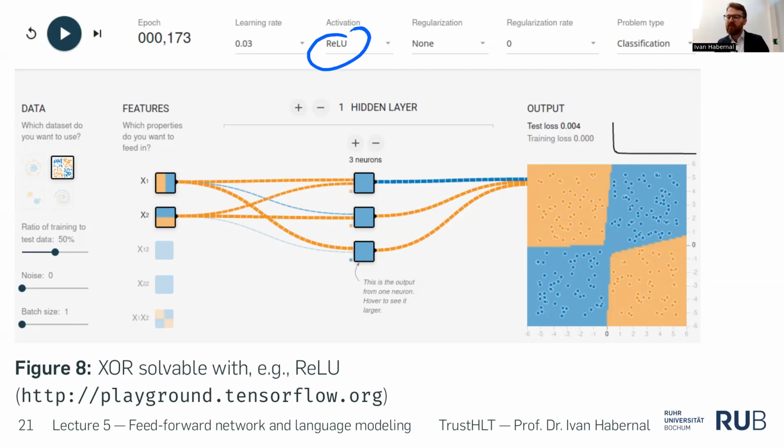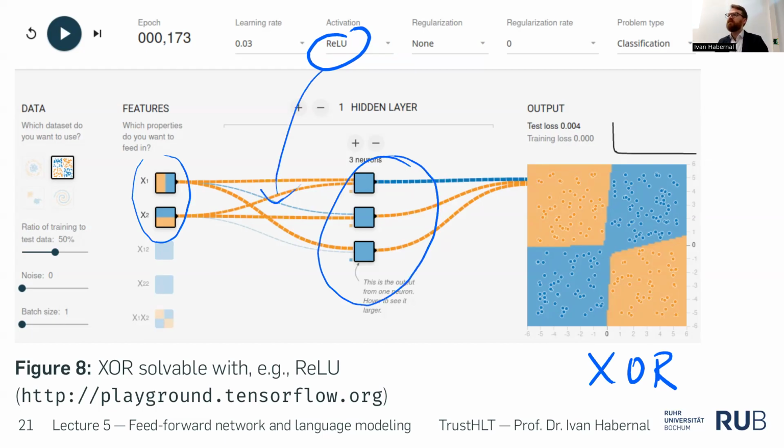It's projecting back to the original space, but in the outer space there will be a linear separation. So we can solve this XOR problem with ReLU, with one function, the second function, and non-linearity in between. So we can solve this problem now. Does it make sense?